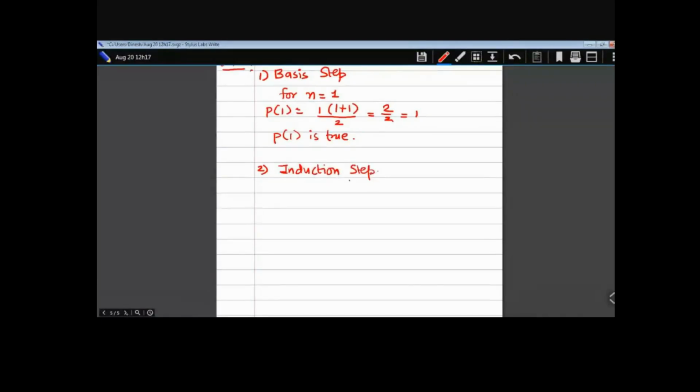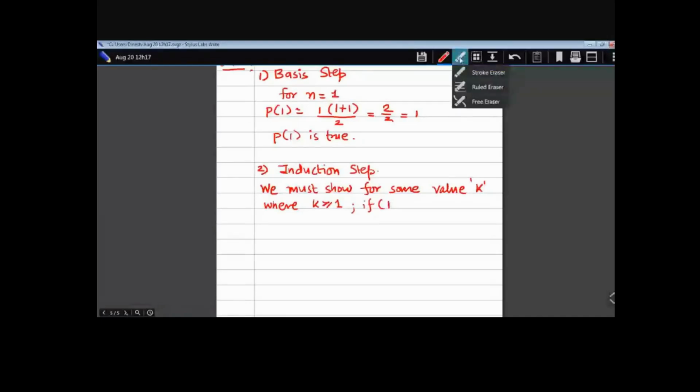Here we will write that we must show, for some value k where k is greater than or equal to 1, if P of k is true, then P of k plus 1 is also true.